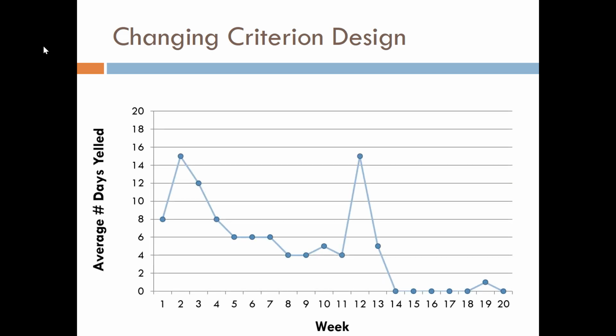Let's say we're tracking average number of days yelling per week, and we're trying to reduce that. So here we would have our baseline measure, right, during weeks 1 through 3. And then we might say, okay, our first goal for treatment is going to be to be less than 10 times a week of yelling, right?